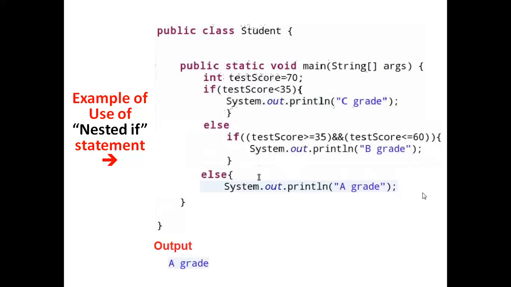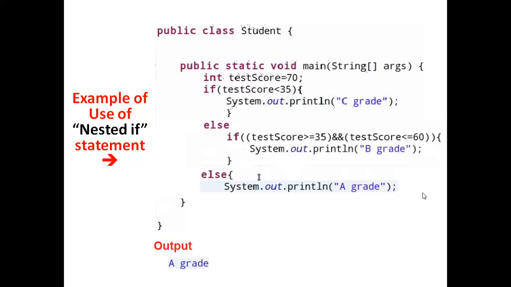In the else if part, I have written another condition: the test score is greater than or equal to 35. This is true, and I've used ampersand two times, which is the AND operator, and the test score is less than or equal to 60. This condition is false.